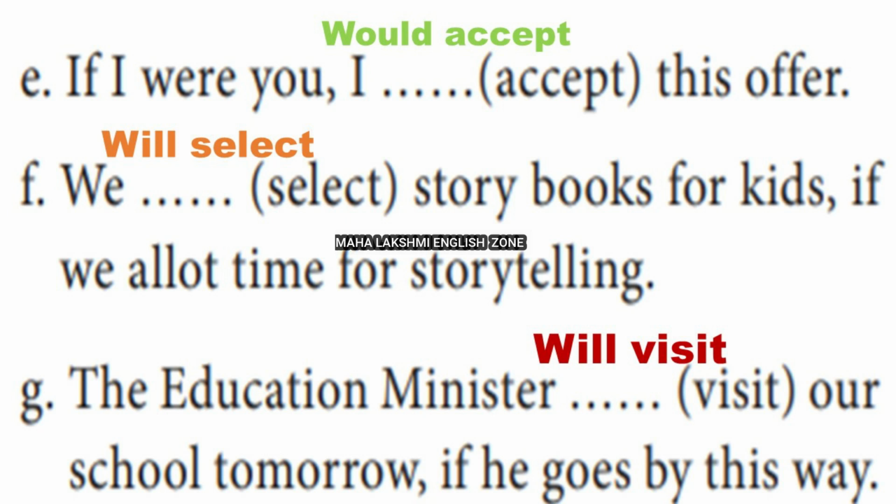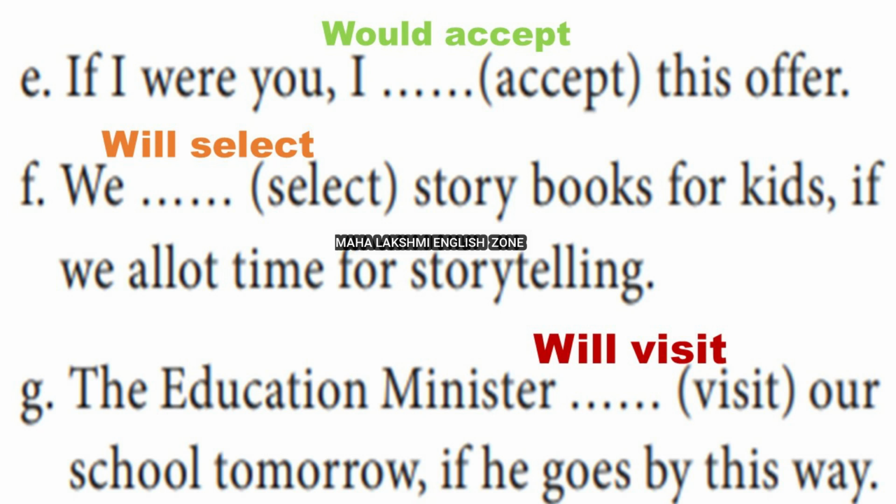Next, in the if clause they have given were, the past form, so automatically our main clause would take the form would plus verb. So would accept is the right answer. Then next one, if the if conditional clause takes the verb allot, a present form, so the main clause will take the word will. So will plus select.